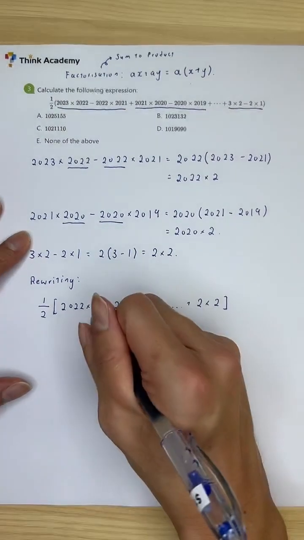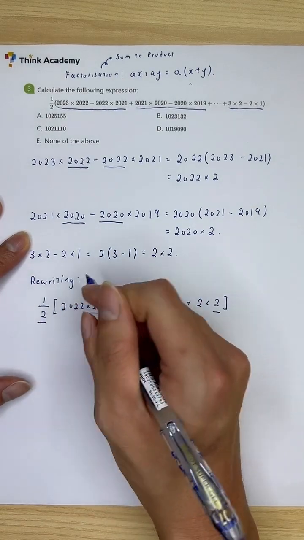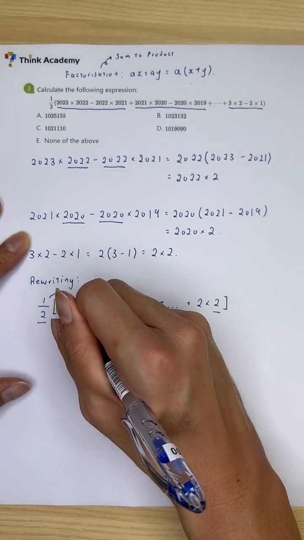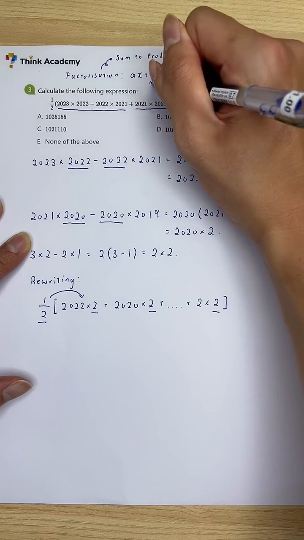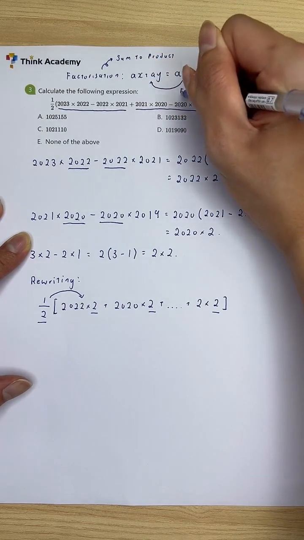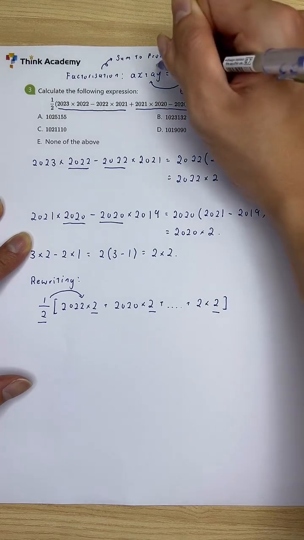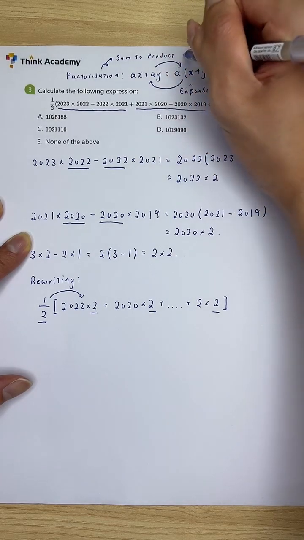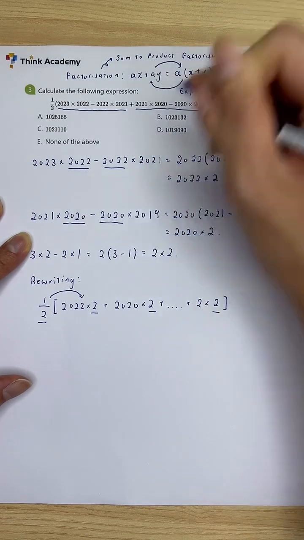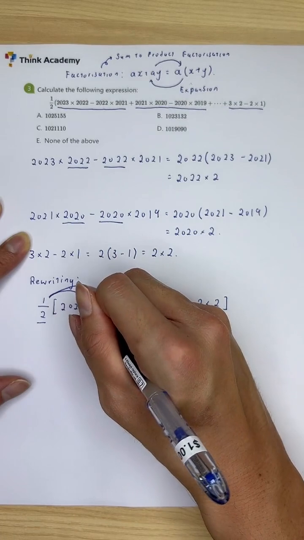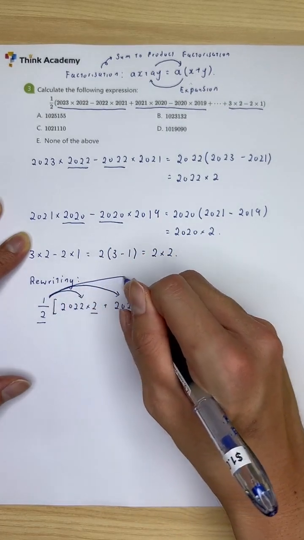But we remember we have a lot of 2's over here, and this half actually applies to everyone in the sense that we can expand them. There's a little bit of expansion. When we move here, this one is expansion, and if we move backwards, this one is factorization. If we were to expand them, we need to apply the rainbow method.